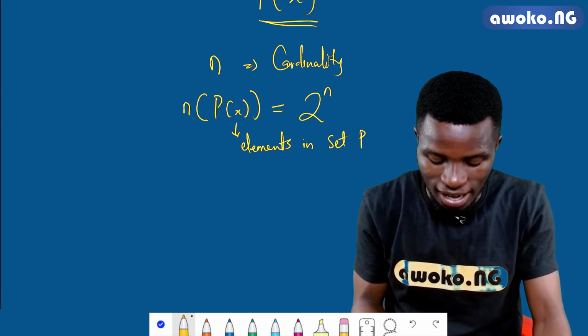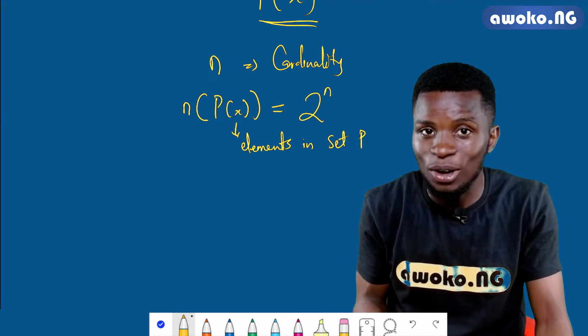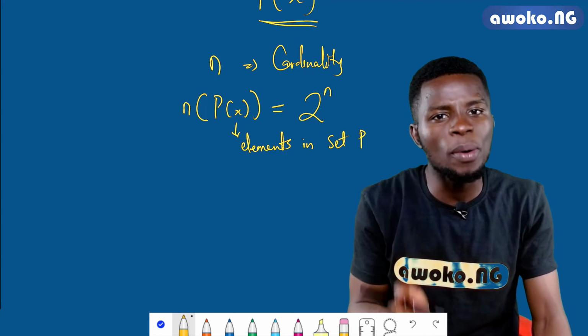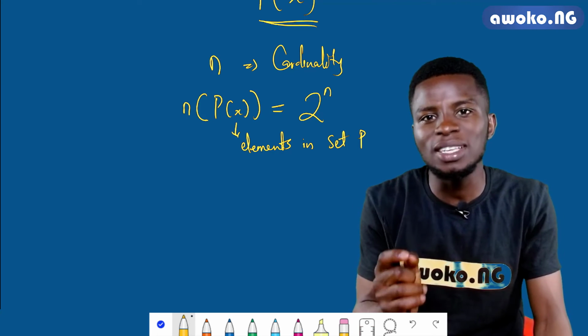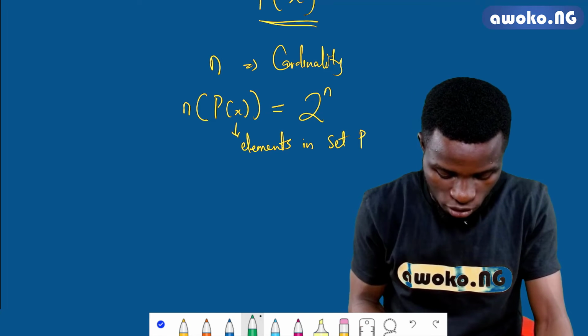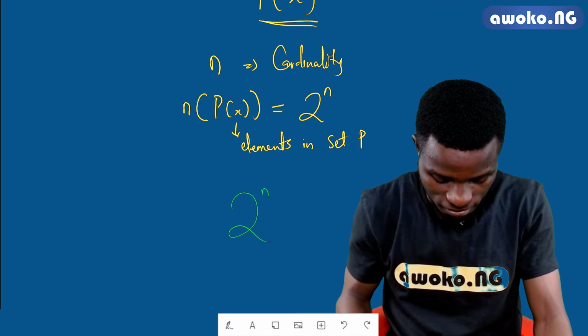And like I said earlier, n is the cardinality of the set. So this simply implies that the number of possible subsets of a particular set with the cardinality of n is 2 raised to the power of n.